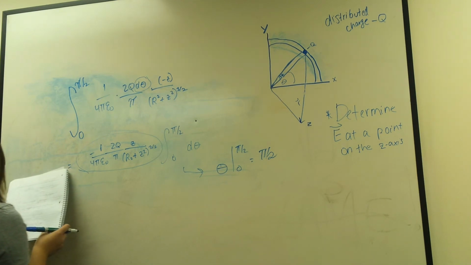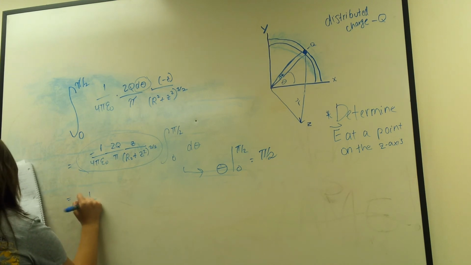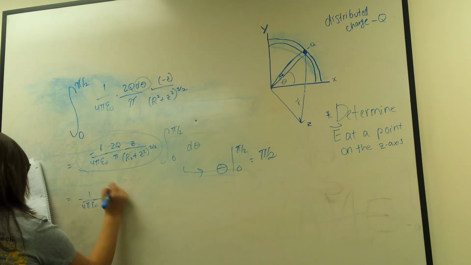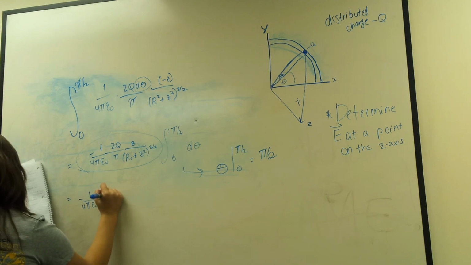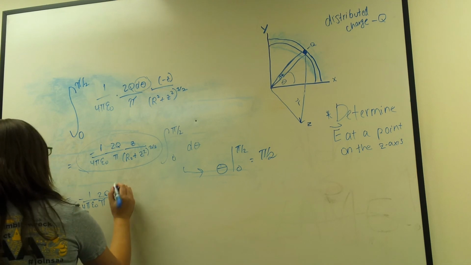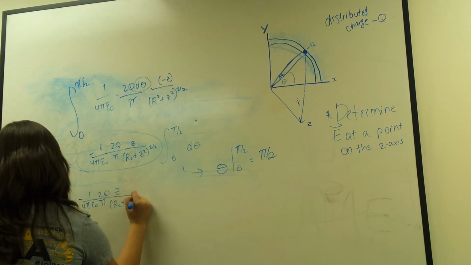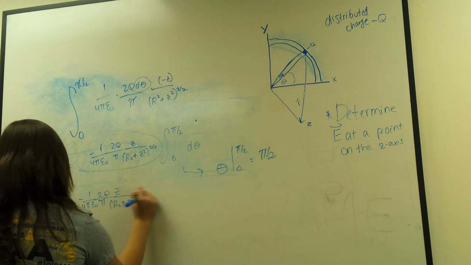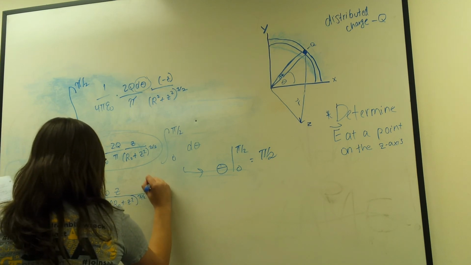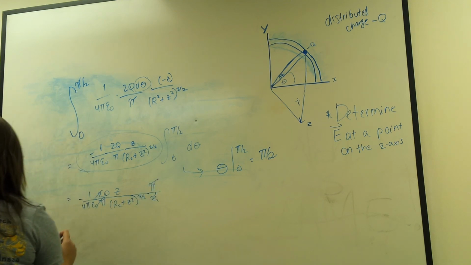So we're going to be multiplying all of this that we pulled out times pi over 2. And once we do that, we get this. Our 2's are going to cancel and our pi's will cancel.